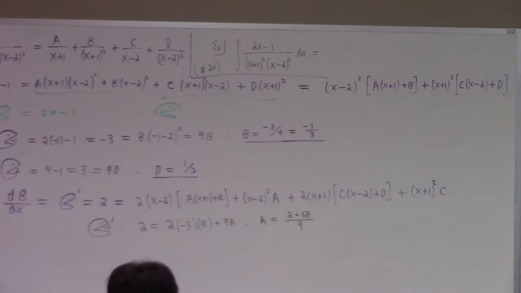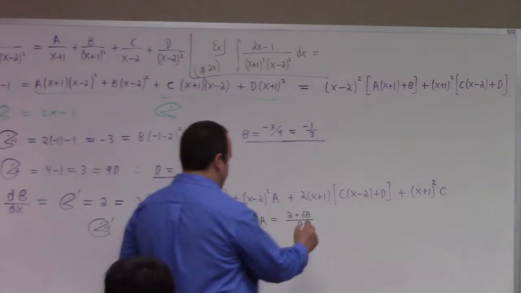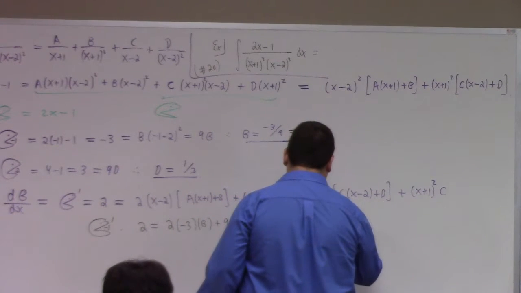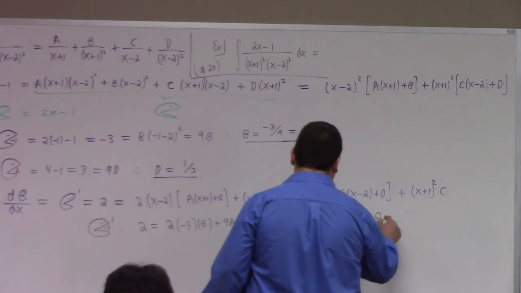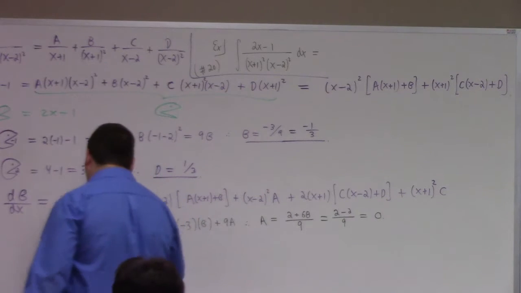So what's 6b? What's minus 6 over 3? No, 2/3. What? Oh, 2 minus 2. Minus 2. So we have 2 minus 2 over 9, right? Also known as 0.